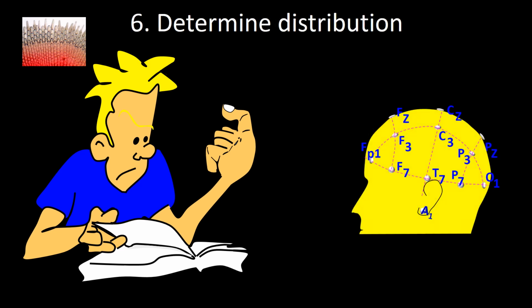The field of distribution is better appreciated using nasopharyngeal electrodes. These fields demonstrate a negativity in that electrode.